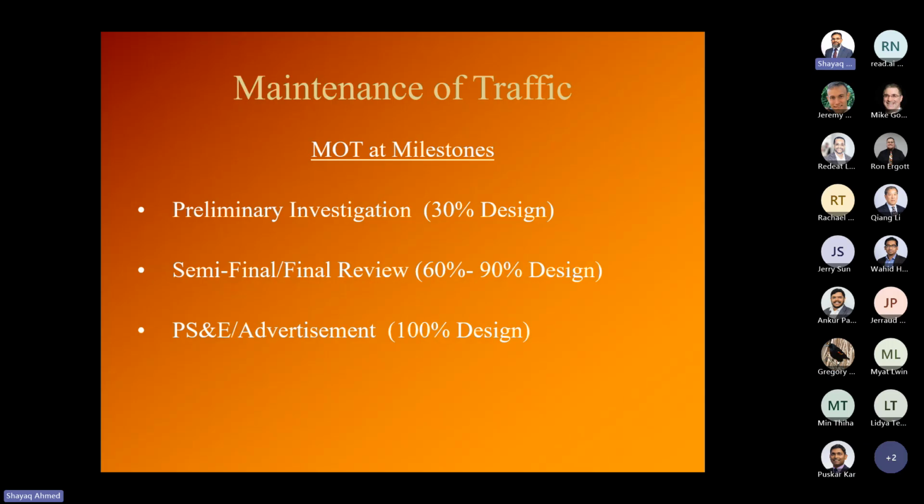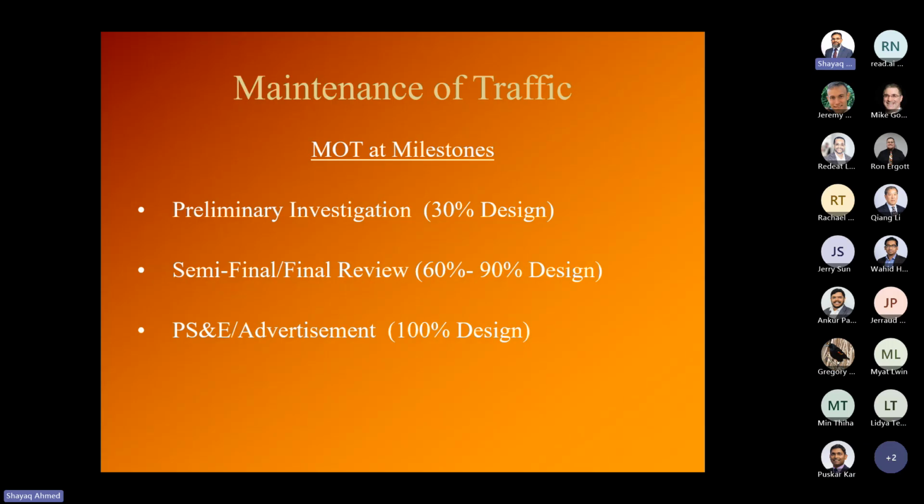And the second one is the semifinal final review design. In this stage, which is 60 to 90% design, we basically do most of the design. Reviewers have already seen the preliminary MOT layouts. They concur with it. If they have any comments, they can provide them to us. We update the plans to come up with a 60 to 90% design.